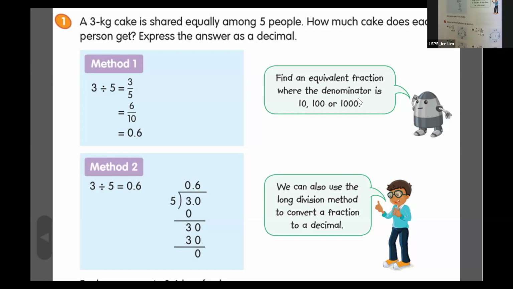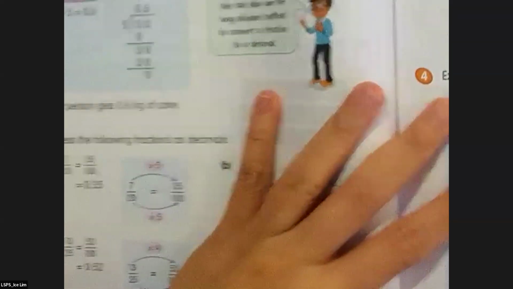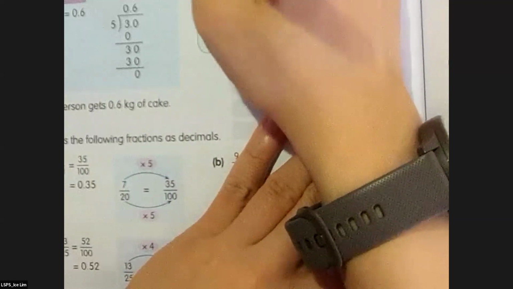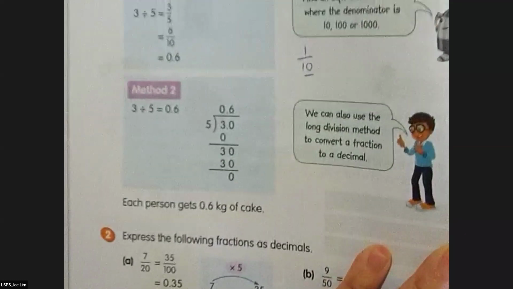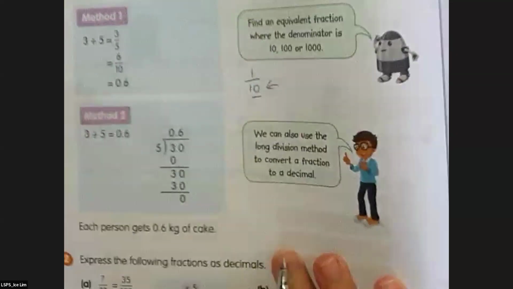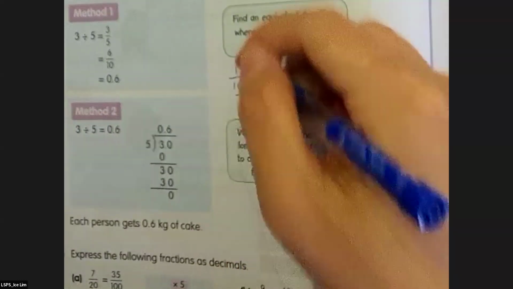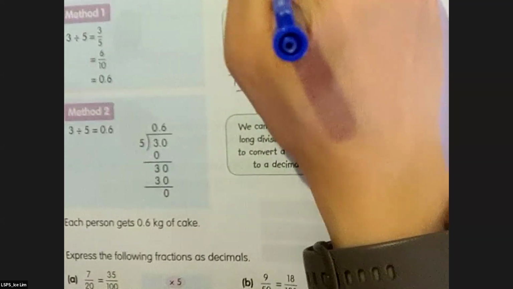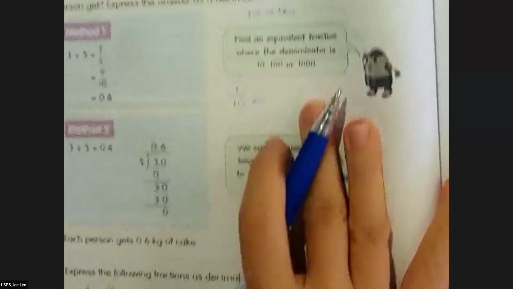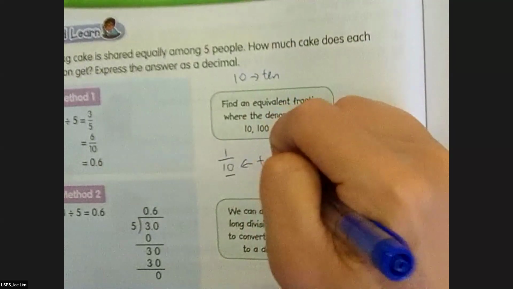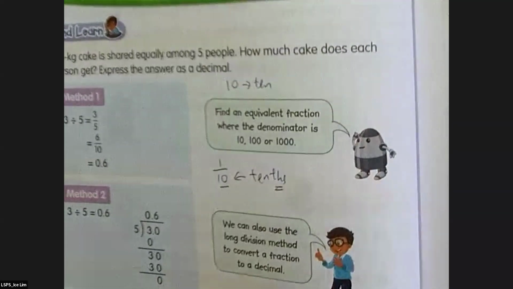In whole numbers and in decimals, your place values go by tens, hundreds, thousands. So a fraction that is in tens, the place value of this will be called tenths.